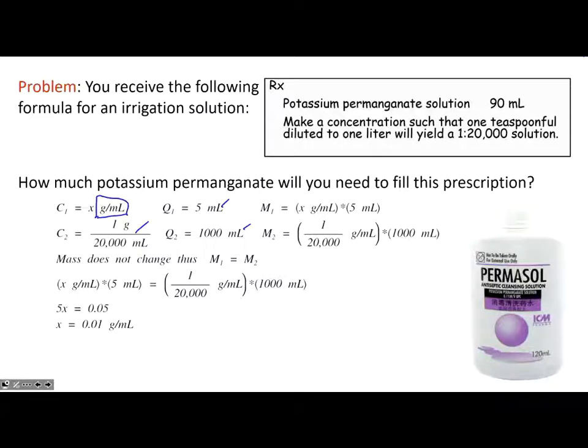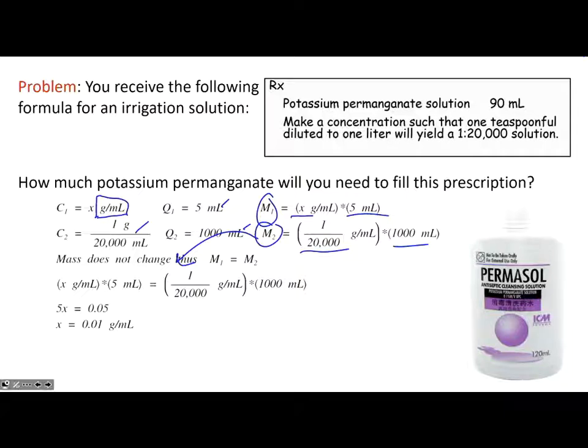So my concentration 1 means X grams per mil. If you do your mass, it's that concentration times that quantity for the beginning, and that concentration times that quantity for the end. And again, we know M1 equals M2. So on the left, we have X times 5, and on the right, we have 1 over 20,000 times 1,000.